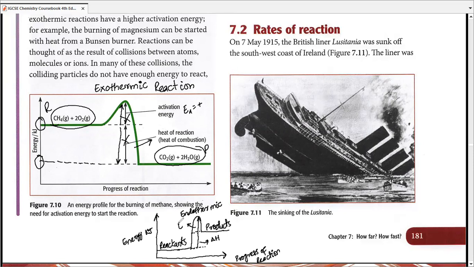This whole is taken as activation energy because of a reason, and this might make complete sense to you when I say it, that this entire amount of energy, be it the heat of reaction or the heat required to convert the reactant into product, as well as the activation energy, the combined energy is required for the reactants to be converted into products. Hence, we call this whole as an activation energy.